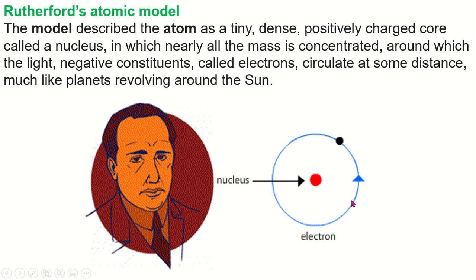So like the solar model, here also in the center of the atom there is a nucleus, and in the outer orbit the electrons are revolving around the nucleus. The electrons revolve around the nucleus as the planets revolve around the sun in the solar system.